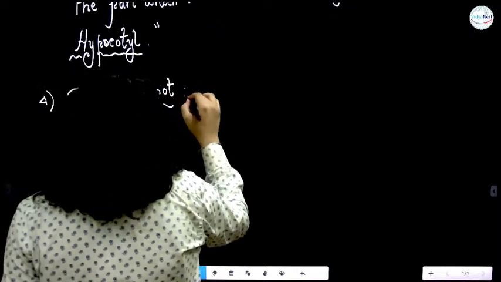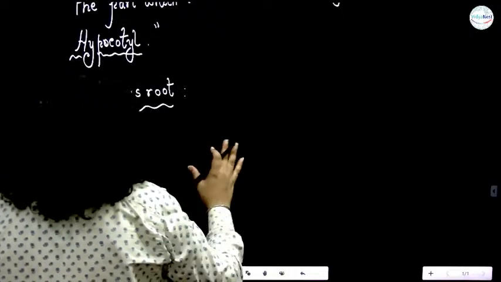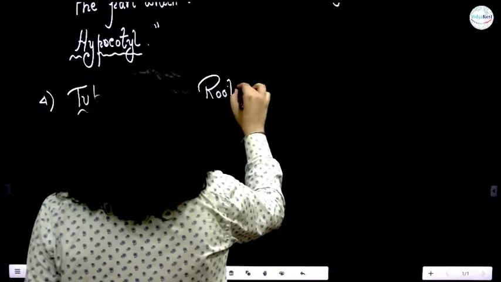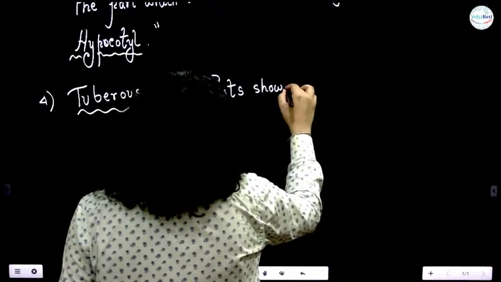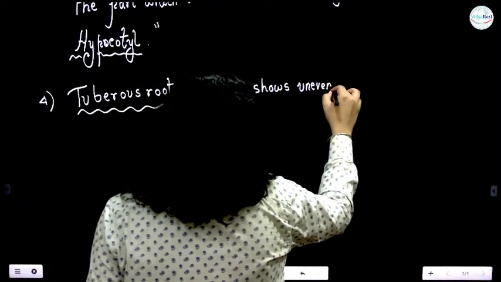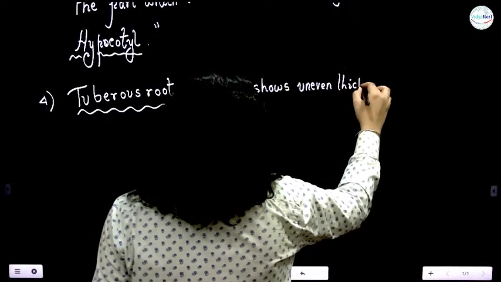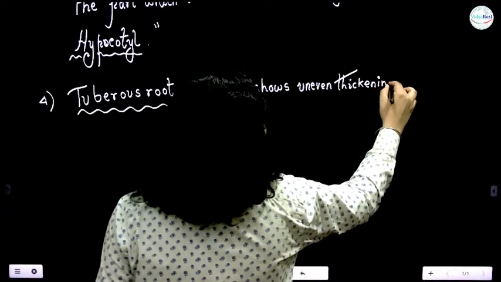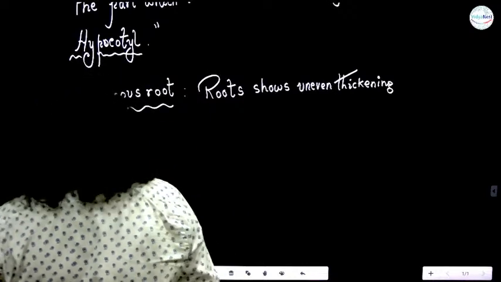The name tuberous root suggests that the root shows uneven thickening, or uneven swelling.